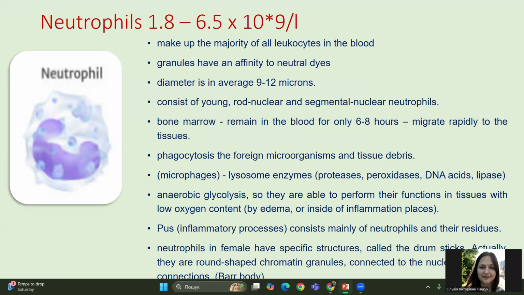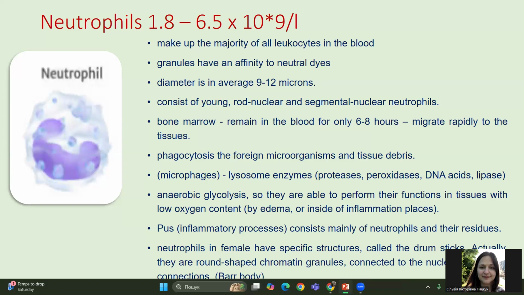They produce lysosome enzymes. Anaerobic glycolysis takes place in neutrophils, so they are able to perform their function in tissues with low oxygen content, such as, for example, an inflammation place or edema. Also, they are the first cells which move to the place of invasion. They provide phagocytosis of the pathogen, and after that they die, and pus is formed.